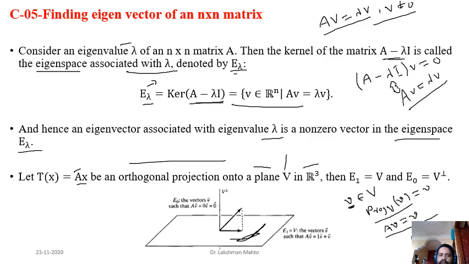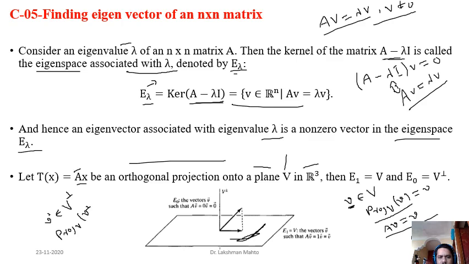Now, for the second eigenvalue, take any vector v perp. V perp is perpendicular, coming from the orthogonal complement of V. If you are willing to find the projection of v perp with respect to the given plane V, what would the projection be?